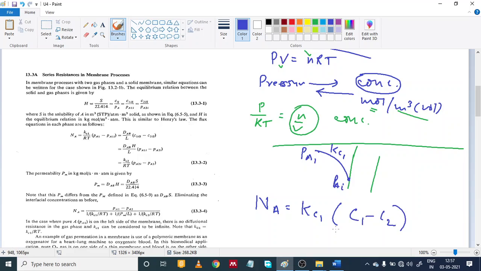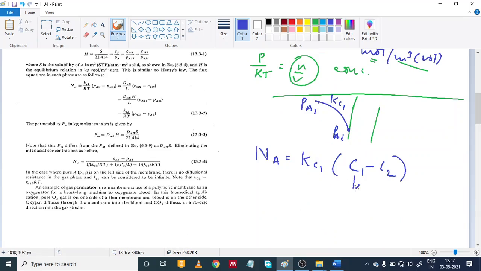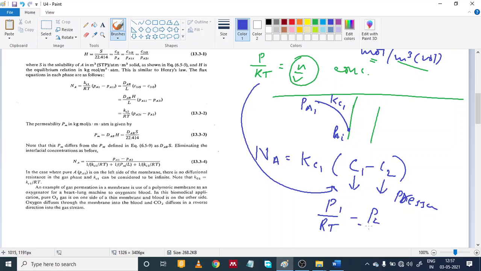But we have to change these two concentrations in terms of pressure, so it can be P1 upon RT minus P2 upon RT, multiplied by KC1. In this way we can develop the equation, where in our case P1 is PA1, and P2 is PA1I, the interface.